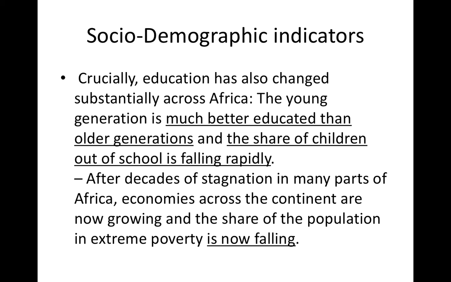So when we look at Africa, some crucial things are happening with hope in how their population is going to be affected by their economic growth. One is we have much better education than older generations. Now, we have this narrative that African people aren't educated, et cetera, but when we look at this younger population, they're staying in school longer, so this means that they're not dropping out of school.